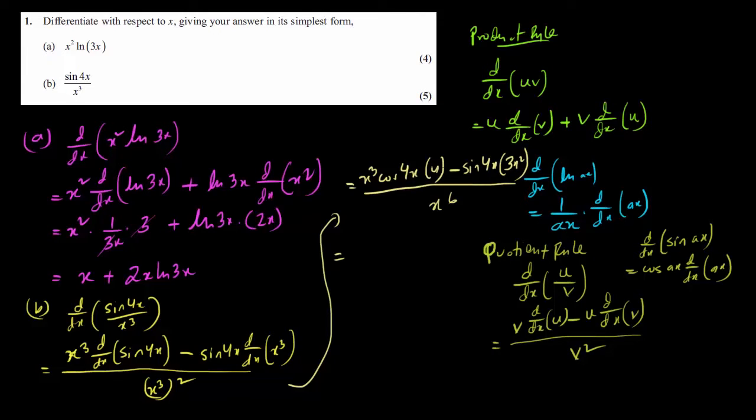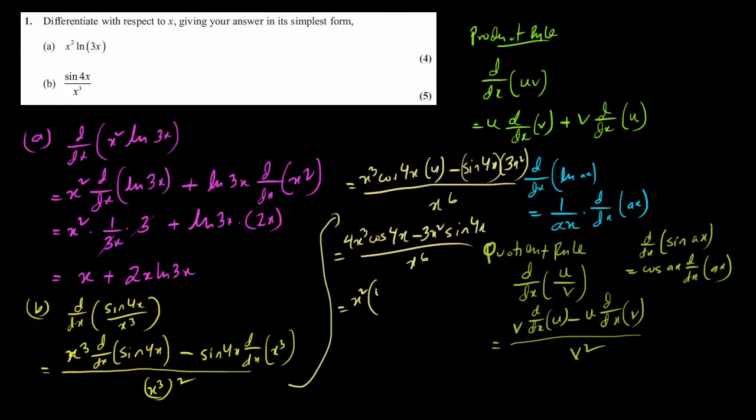That turns out to be, so we have a 4 over here, so 4x cubed cos 4x minus, now 3x squared is not multiplied with 4x, it is multiplied with the entire sine theta. So this would be 3x squared sine 4x divided by x to the power 6. Now if you want to, you can take x squared common.